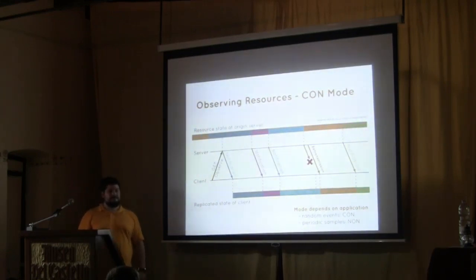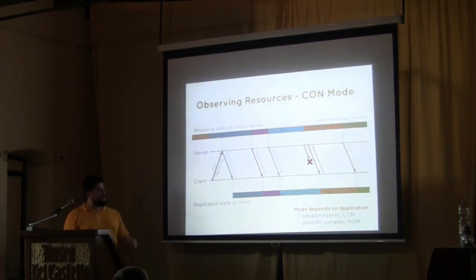So in this case, how is it possible for the server to recognize, to retransmit the state when it is lost? So if you think back, we had these CoAP messages. If you use this confirmable mode, every notification has to be acknowledged by the client.